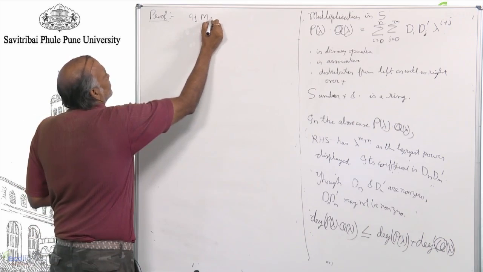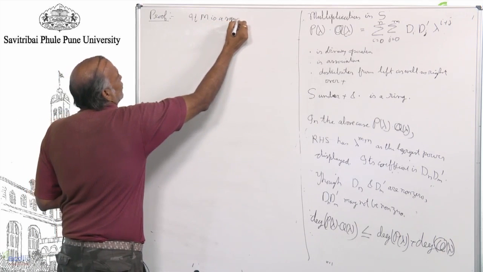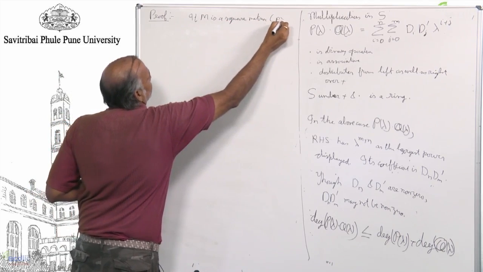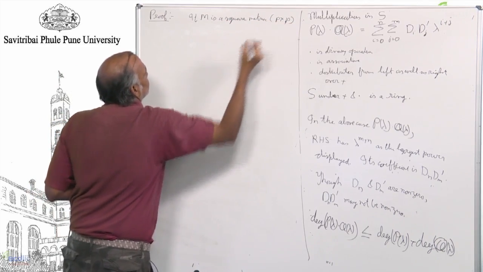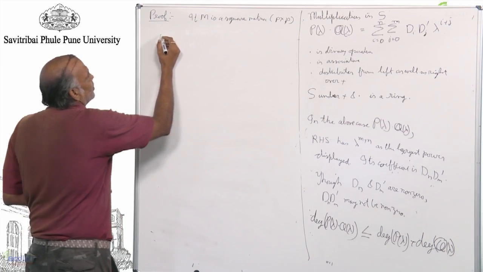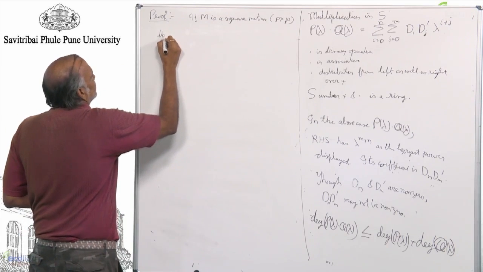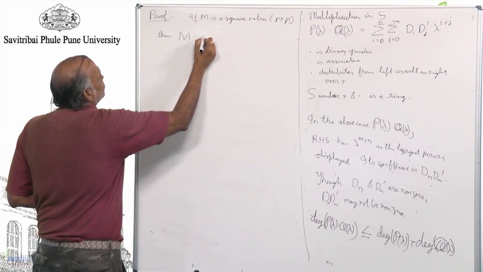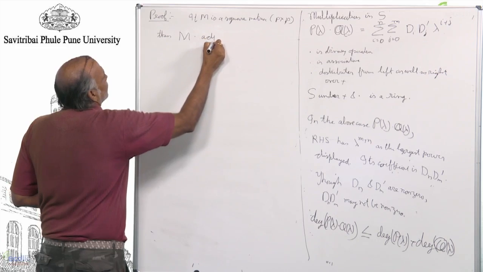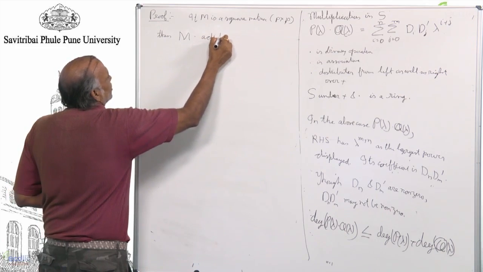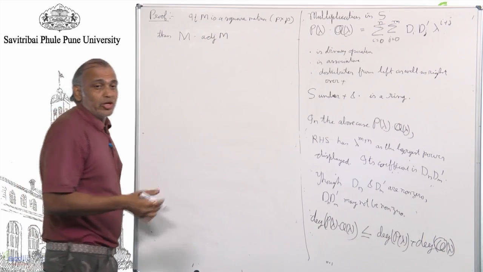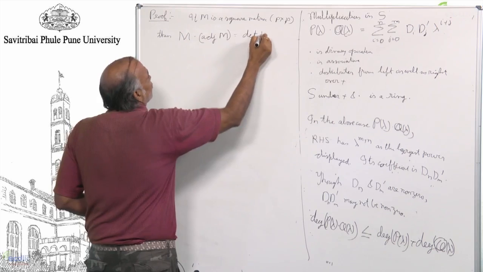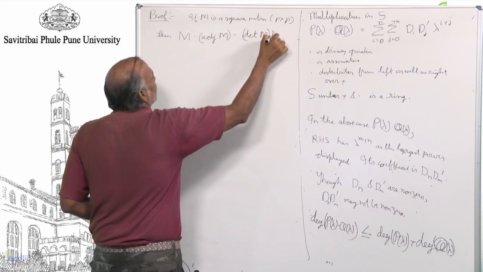If M is a square matrix, we of course take it to be p by p, p a natural number, then M into the adjugate or adjoint, I call it the cofactor adjoint of M, is equal to determinant of M into the identity p by p.